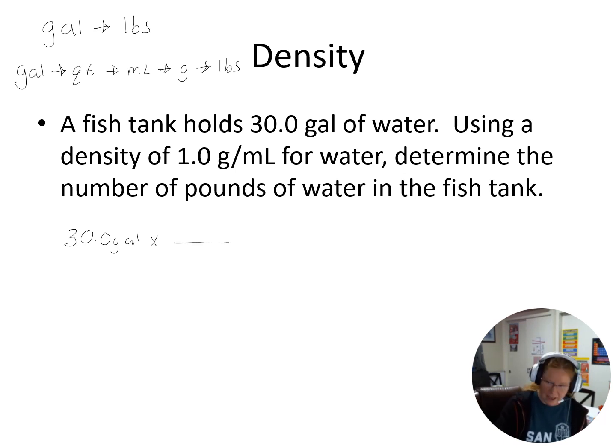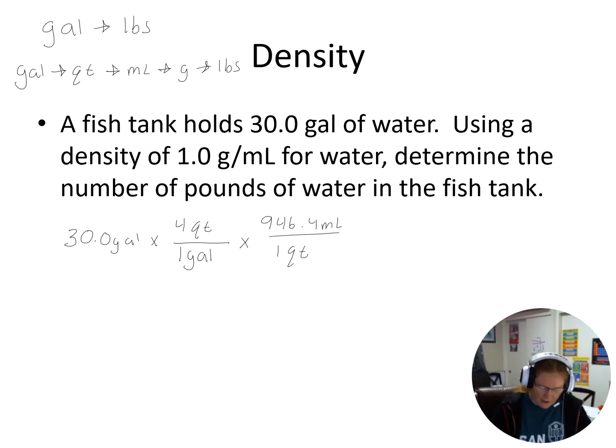So when I look at that conversion page, I have 4 quarts per 1 gallon. I have 946.4 milliliters in 1 quart.